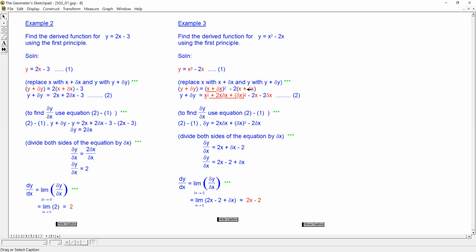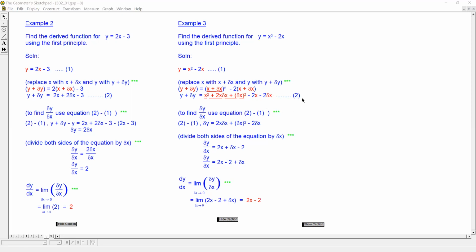Minus 2 multiplied with delta x is minus 2 delta x. Okay, so far can digest or not? Can go into your brain or not? Can. Okay, very good. Then I continue with the second one.